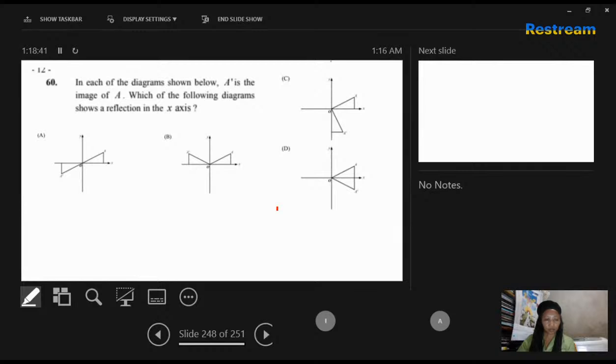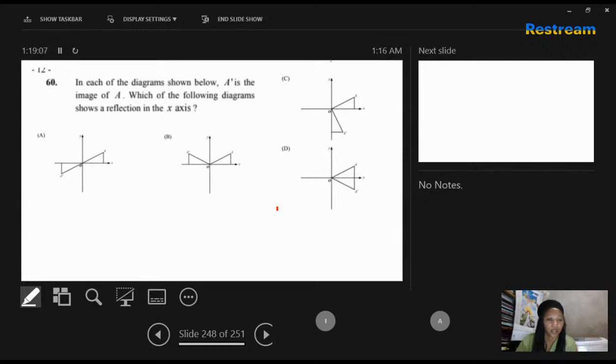Number 60. In each of the diagrams shown below, A prime is the image of A. The following diagram shows a reflection in the x-axis. And we did that just this week, huh? This is a reflection in the x-axis.